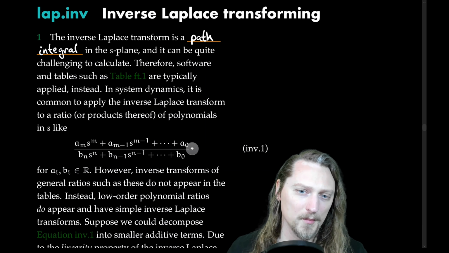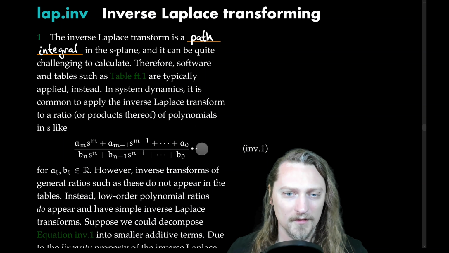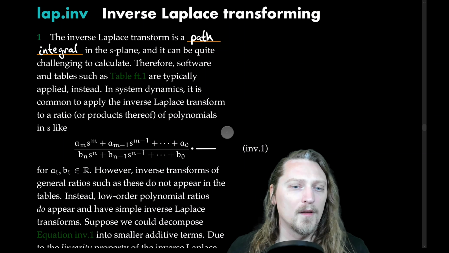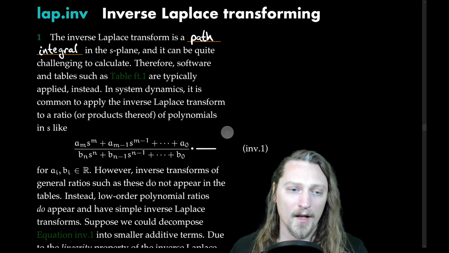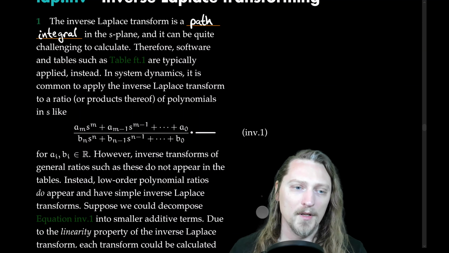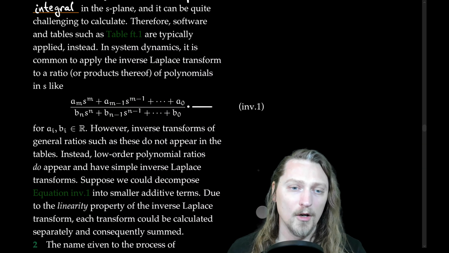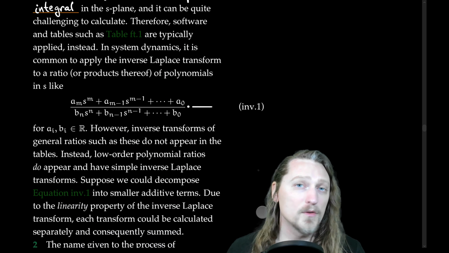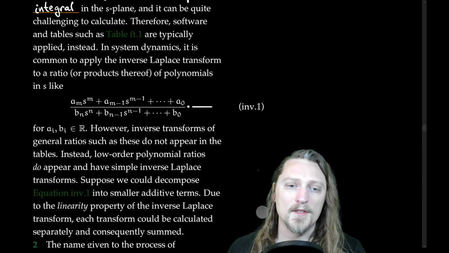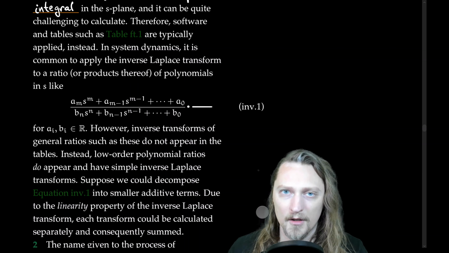So this might be multiplied by another one. However, inverse transforms of general ratios, such as these, do not appear in the tables. Instead, low-order polynomial ratios do appear and have simple inverse Laplace transforms.